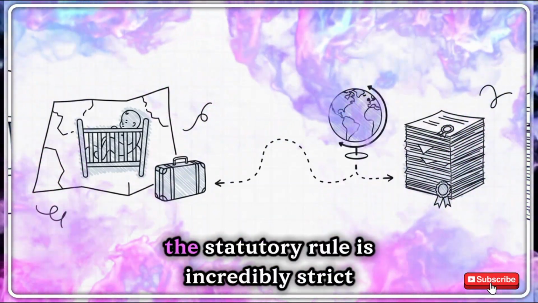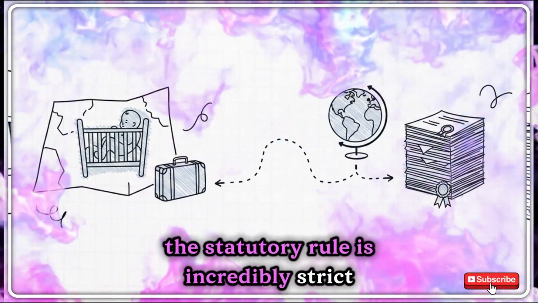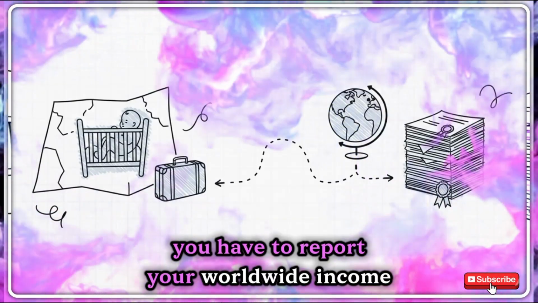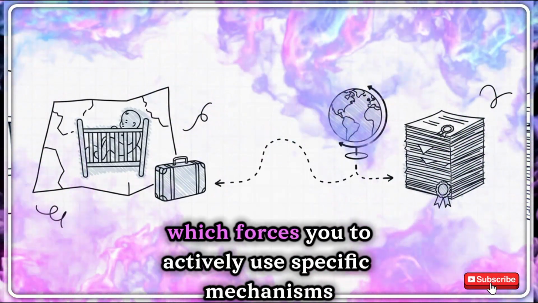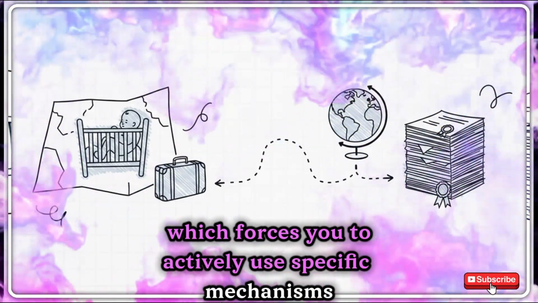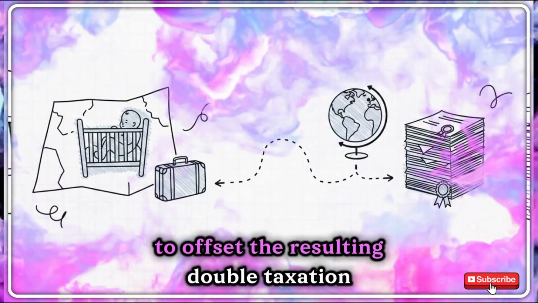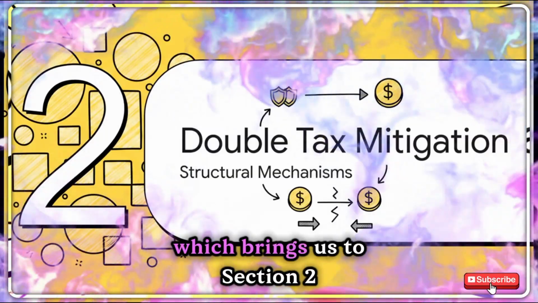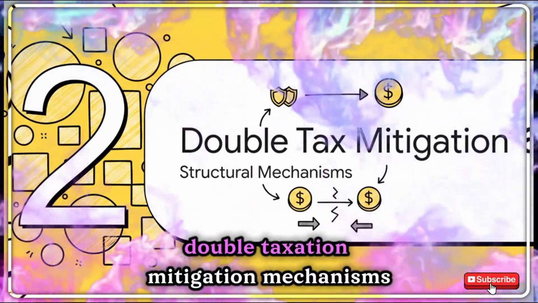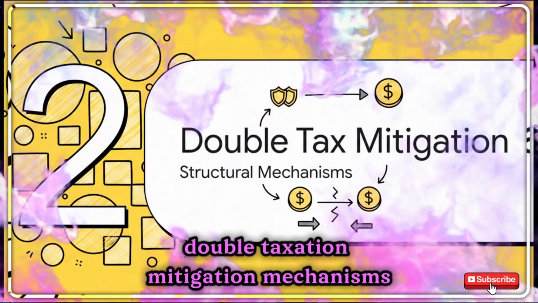Doesn't matter. The statutory rule is incredibly strict. You have to report your worldwide income, which forces you to actively use specific mechanisms to offset the resulting double taxation.